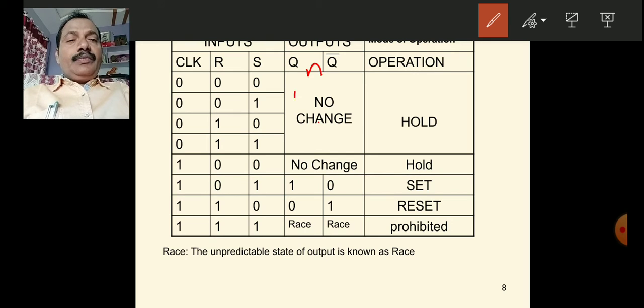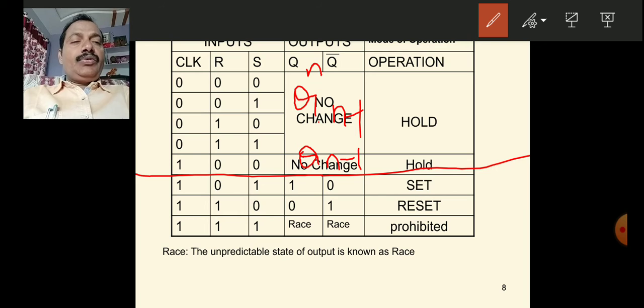At that time, Qn minus 1. No change. It stores memory. It acts as memory means you have to show it as Qn minus 1. So that is the thing. Qn is the present current state, Qn minus 1 is the previous state. So up to here, this is the thing you have to remember.